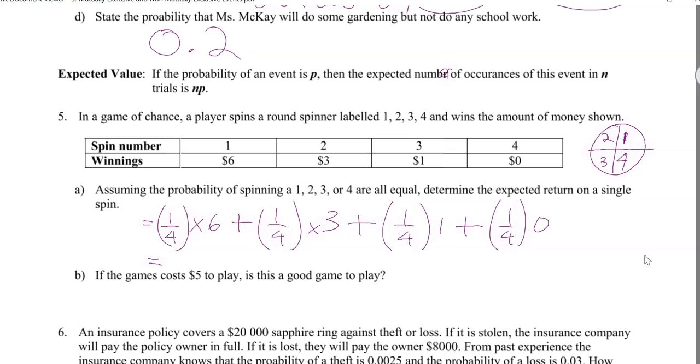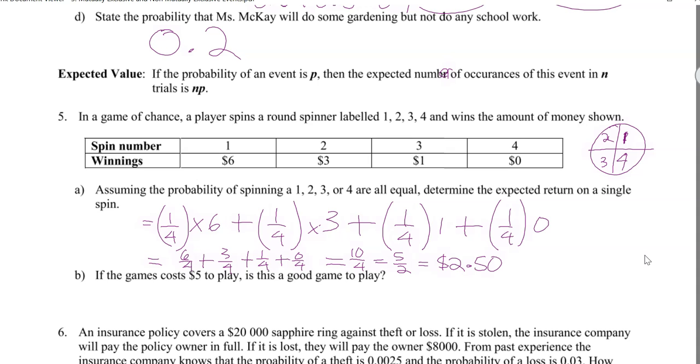We're going to leave everything as quarters, right? 6/4 plus 3/4 plus 1/4 plus 0/4. So 6, 9, 10. 10 over 4, which is 5 over 2, which is basically what we would expect is $2.50.